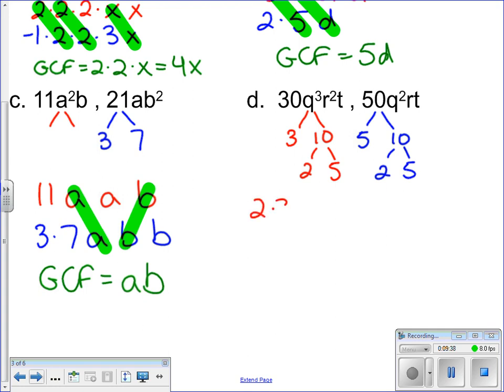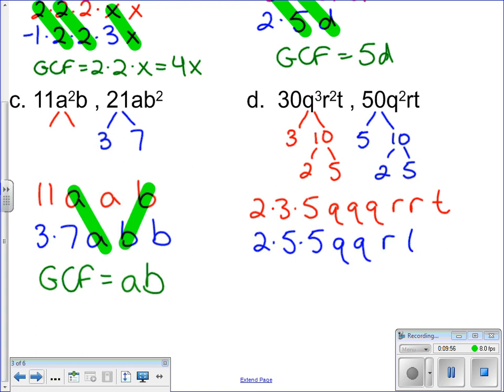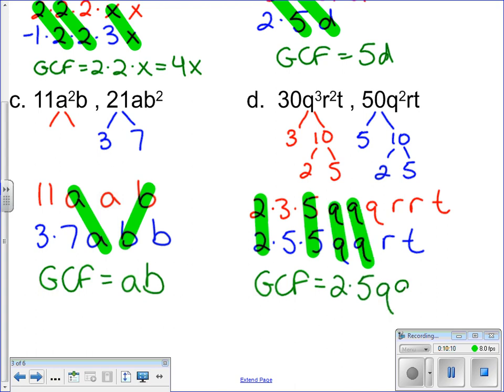So 2, 3, and a 5. 3 Q's, 2 R's, and a T for the first one. 2, 5, 5. 2 Q's, an R, and a T. Greatest common factor, 2's, 5's, Q, Q, R, T. Put all that together, 10Q squared RT.